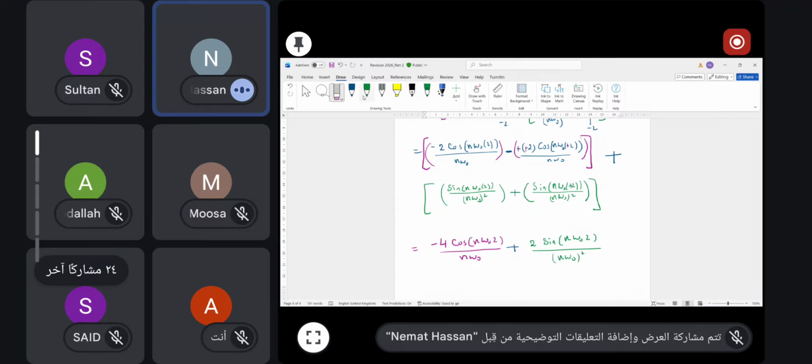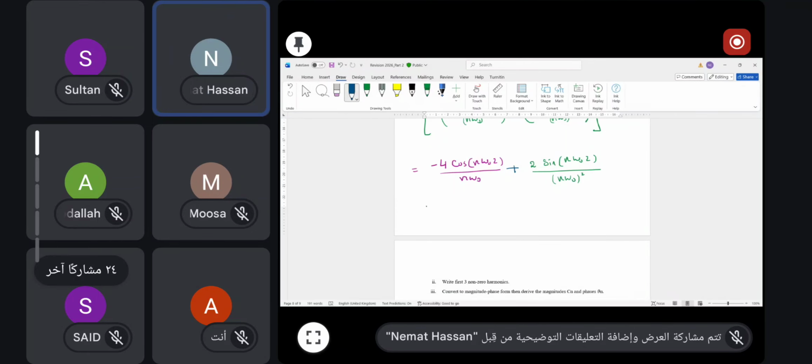Now, we know that the value of omega naught is equal to what? 2 pi over T. That's a rule. And we know T is equal to 8, which means omega naught here is equal to 2 pi over 8, or in other words, pi over 4, right? So here, here, here, and here I can start replacing it by pi over 4.